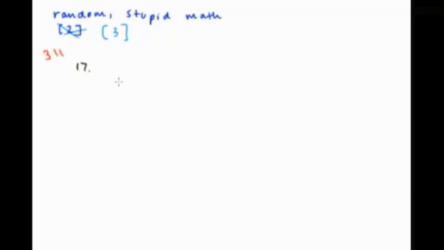Is the line whose equation is y equals negative 3x plus 5 perpendicular to the line whose equation is 3x plus y equals 6? Well, this is in standard form, this isn't, so let's do some trusty math.